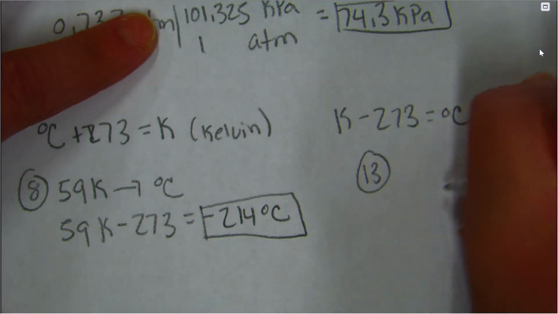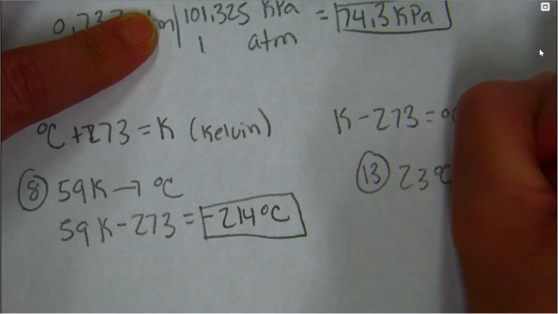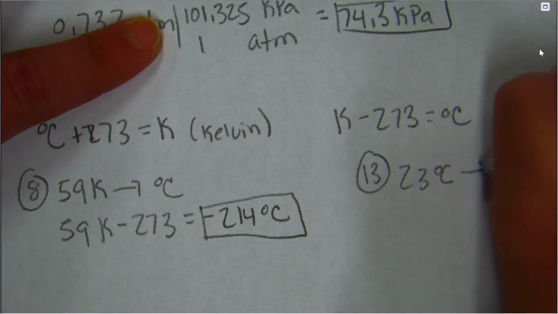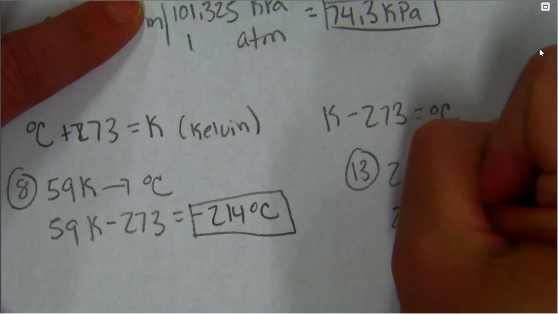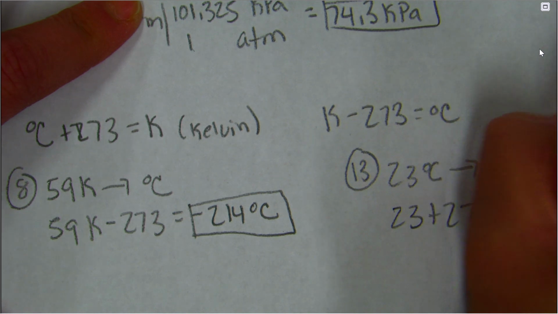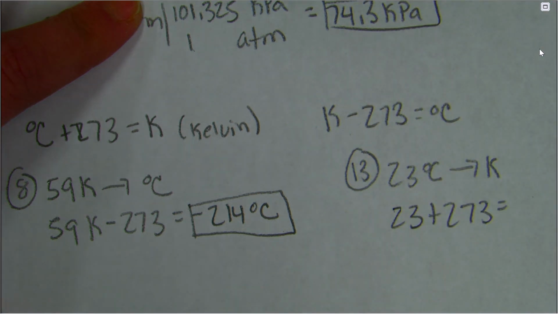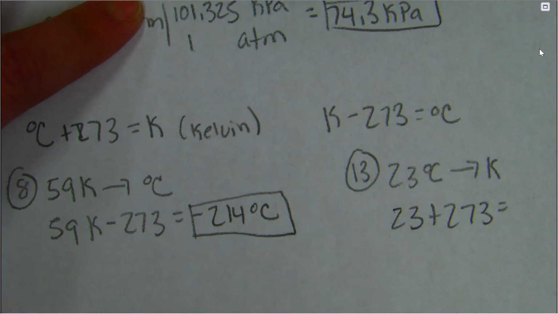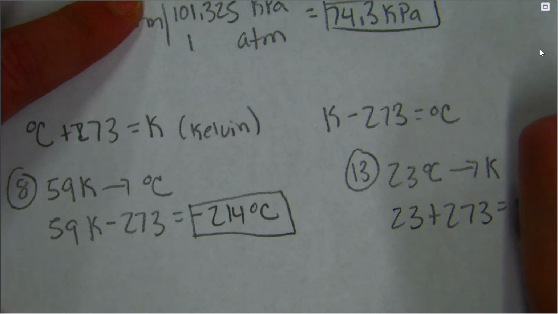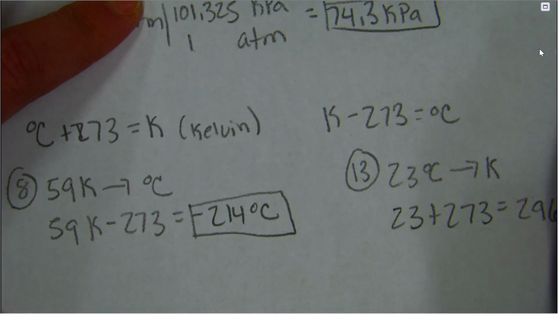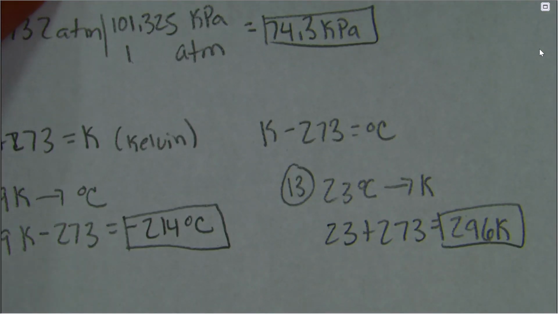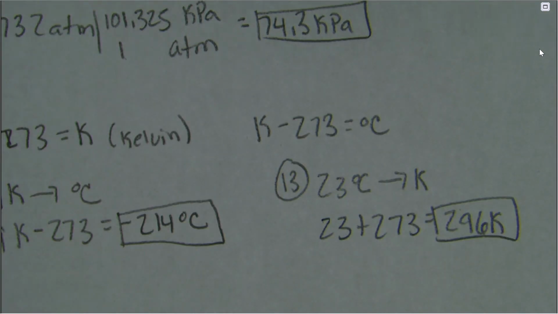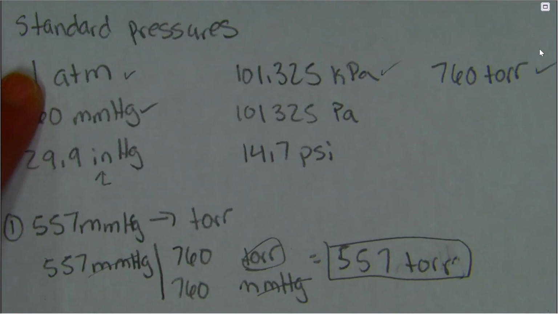And number 13 gives you 23 degrees Celsius, and it asks you to go into Kelvin. So we're going to simply add 273 here. So when you plug this into your calculator, you may be actually able to do it in your head. You get 296 Kelvin.